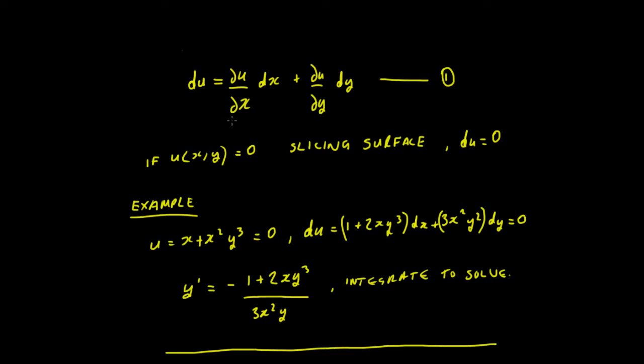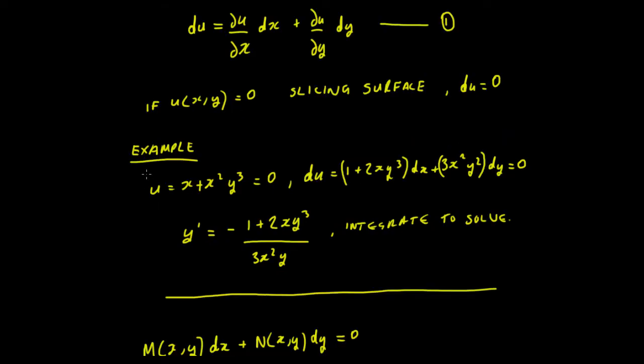Now if we set u of x y equal to 0, in effect we're taking a slice of a surface of some 3D object, then we can say that du is equal to 0. Here's a little example that gives us a motivation for what we're going to do next.